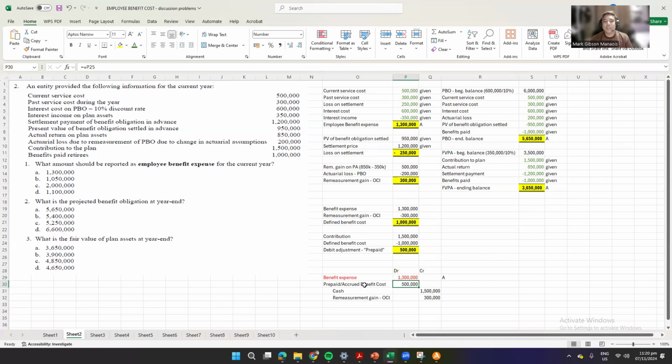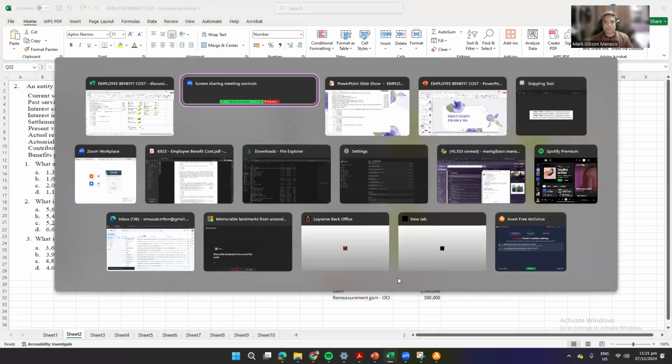Alisin mo na yung accrued, no? Kasi ginawa lang yan para at least it's either prepaid or accrued, no? Pag accrued, as you know, it will be on the credit side. Credit cash for 1,500,000 and then credit remeasurement gain for 300,000. Okay? So that's problem number 2.